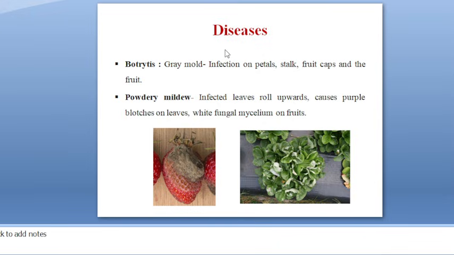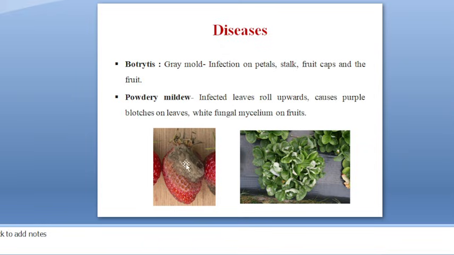And the major problem in strawberry is botrytis or grey mold. You can see the severity of infestation. The affected plant or fruit loses its original appearance and quality, and it causes huge economic loss. So to control this, we have to avoid moisture before harvesting of the strawberries in the field.